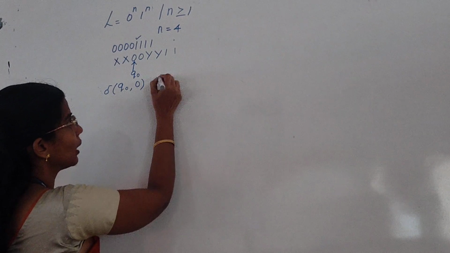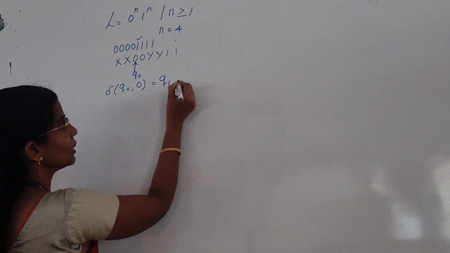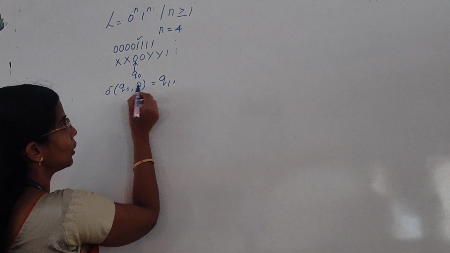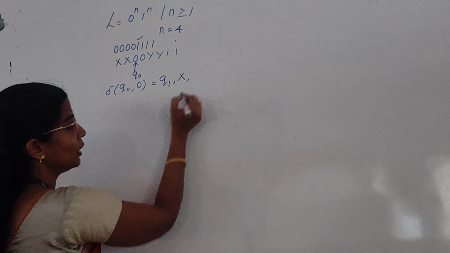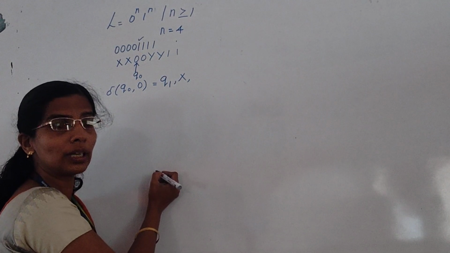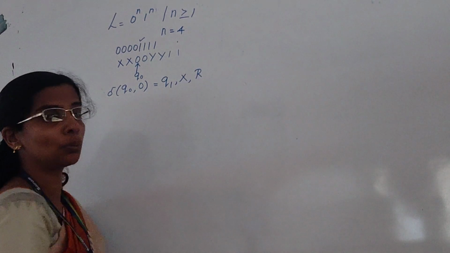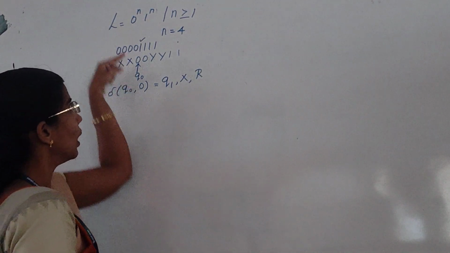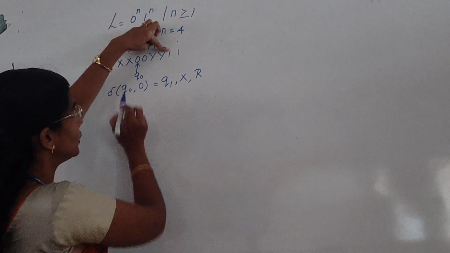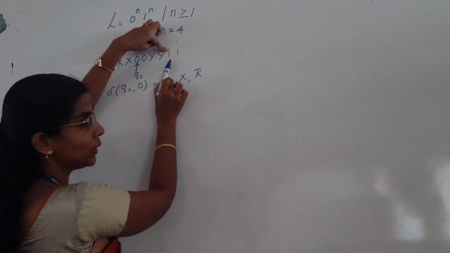So Q0, I'll make a state change Q1 and then specify the replacement. 0 is replaced with x. Then you have to specify the direction of your read-write head. I am specifying it should move towards right. You know, 1 is right to 0. So I have to move towards right.